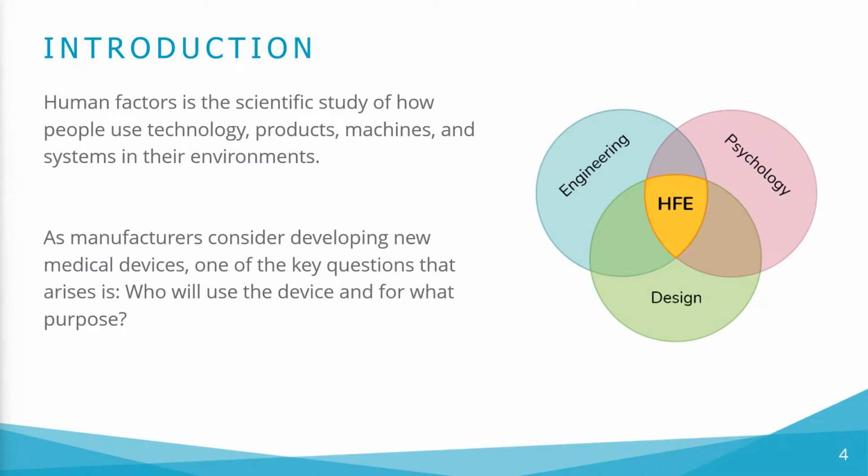HFE specialists apply knowledge and data about human characteristics and capabilities, cognitive and physical, such as data regarding the human body size, strength, and range of motion, facts about how people sense the world, for example, how well we see, hear, feel, and models of how people process information, make decisions, and react.